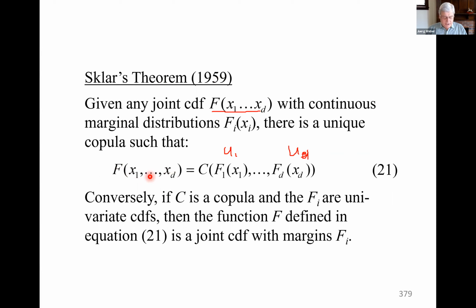For example, if you have a return of share 1, share 2, share 3, and so on, you can look at the joint distributions and model those joint distributions of the shares in a portfolio. Maybe you have D shares. You can model the joint distribution of their returns using the copula approach. Also in insurance, you can do that.